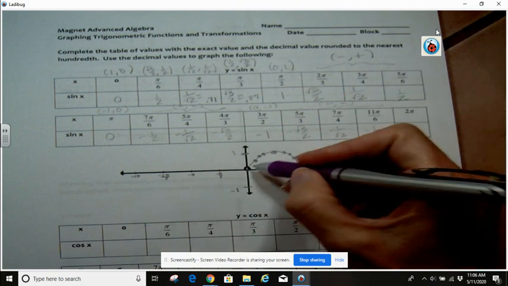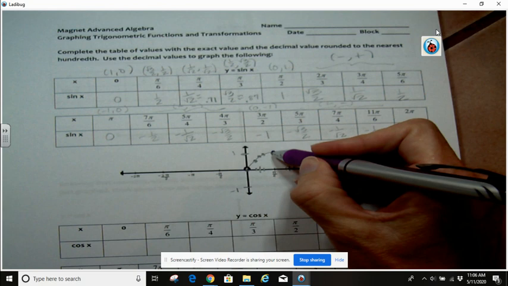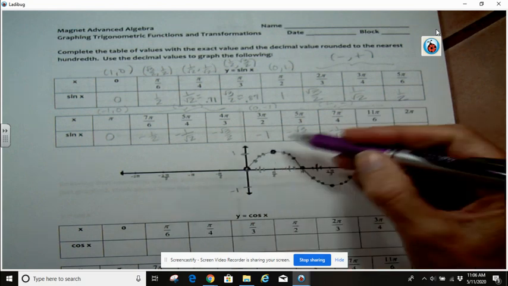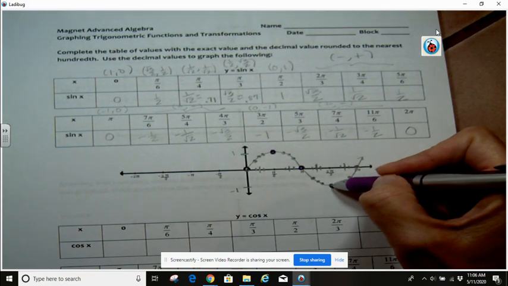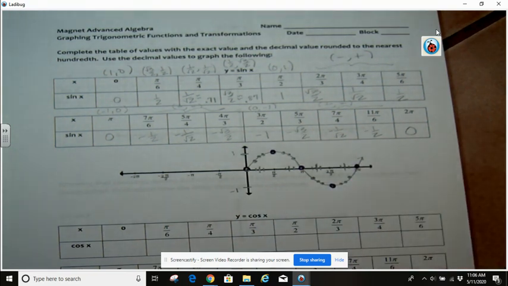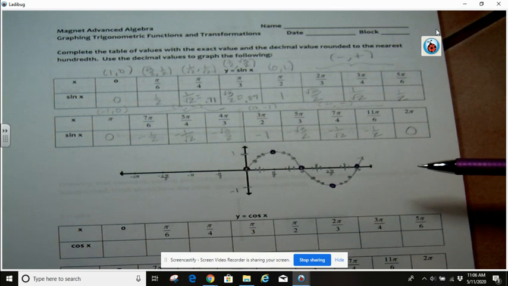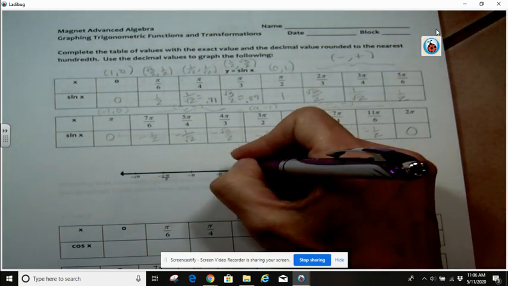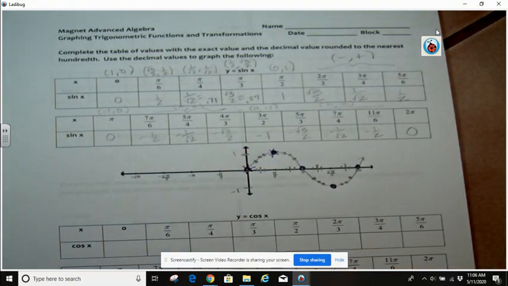For a sine graph, through the origin, and then our next critical point is a maximum. Then it goes back down to an x-intercept. Then it hits a minimum, then back to an x-intercept. That's the pattern that is going to be consistent no matter what: 0, max, 0, min, 0, max, 0, min. With sine, what will be important is that you remember origin followed by a maximum.